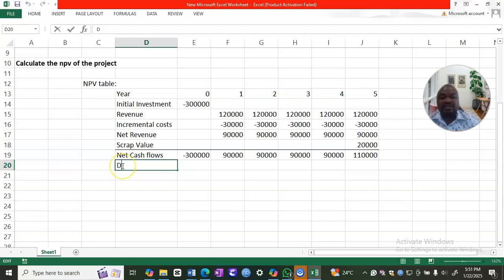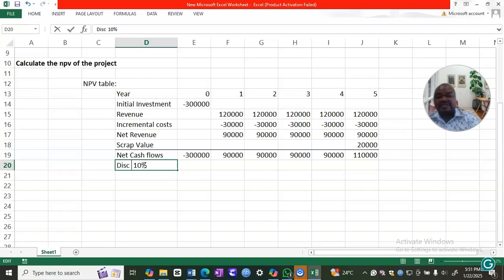That's the technicalities. So discount factor. We are told that this one is actually the discount rate. Okay, discount rate at 10%. All right, but what we need are the factors.